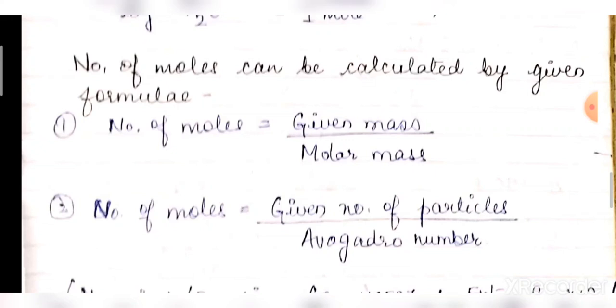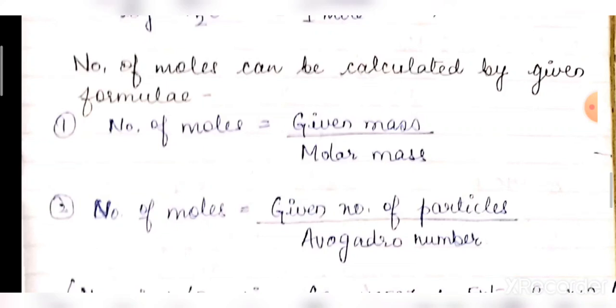Second formula is number of moles is equal to given number of particles upon Avogadro number. The number of particles will be given in the question. Upon that you write the Avogadro number, and you can calculate the number of moles.